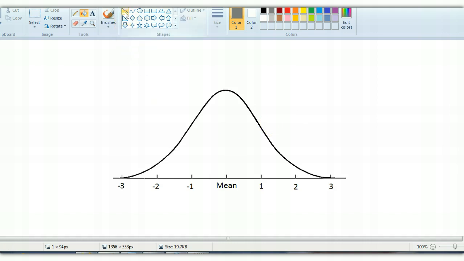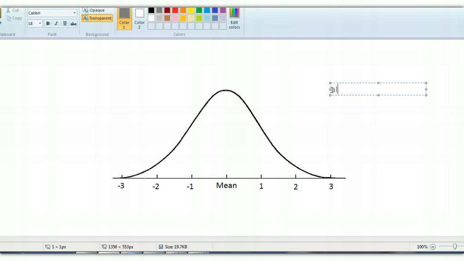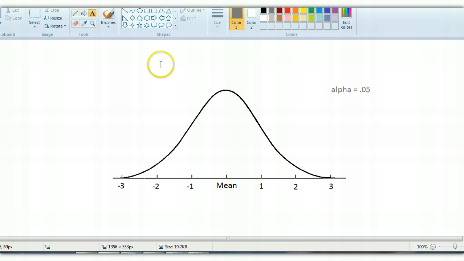if I have alpha equal to 0.05, and let's just hypothetically say that I'm doing a left tail test. So alpha 0.05 is somewhere down here.